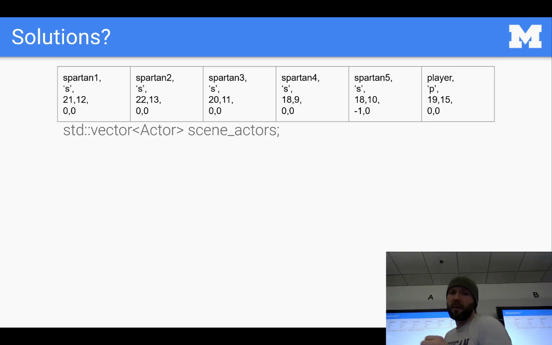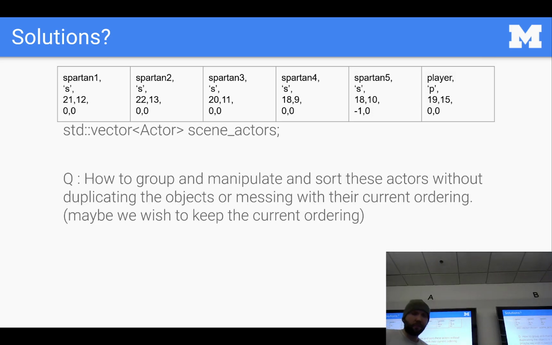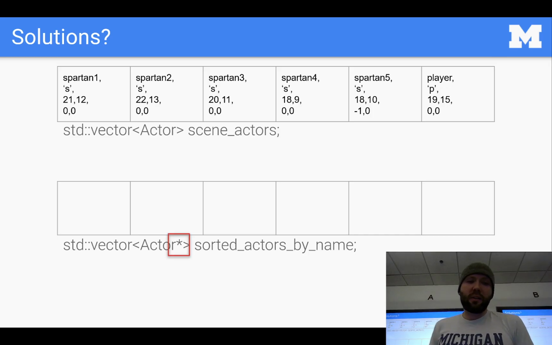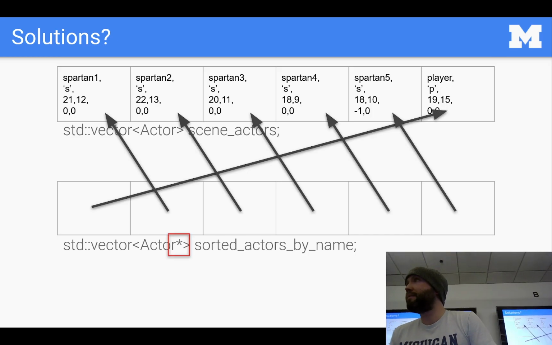But instead of making copies of those actors, we're going to manipulate them and sort them without making copies. The way to do this is, instead of using a vector of actors, we're going to use a vector of actor pointers, references instead. And it's basically going to look like this.